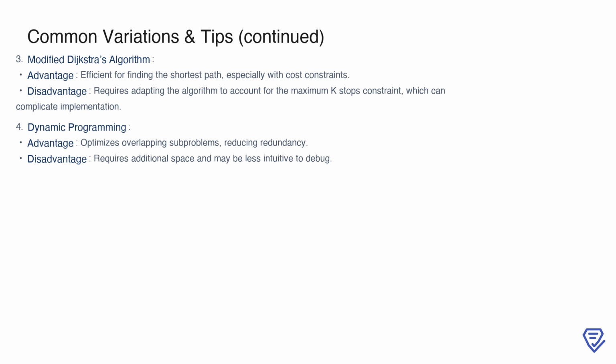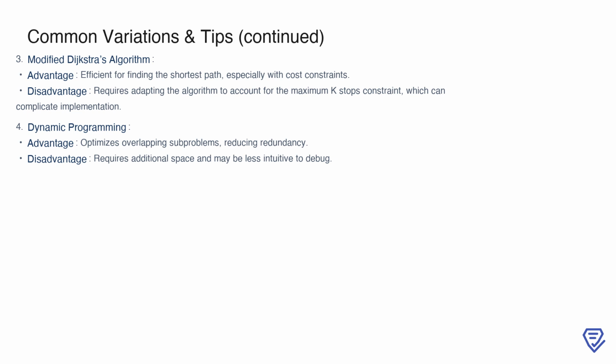This method is highly efficient for finding the shortest path, especially when cost constraints are involved. However, to make it work for this problem, the algorithm must be adapted to account for the maximum K-stops constraint, which can complicate implementation. Finally, dynamic programming offers a robust way to optimize overlapping subproblems, significantly reducing redundant calculations.